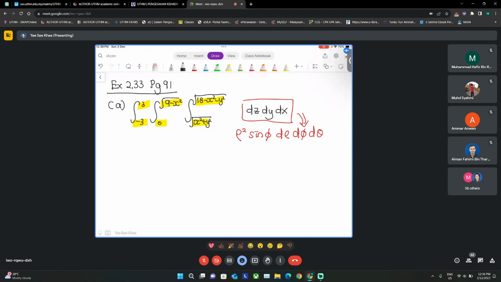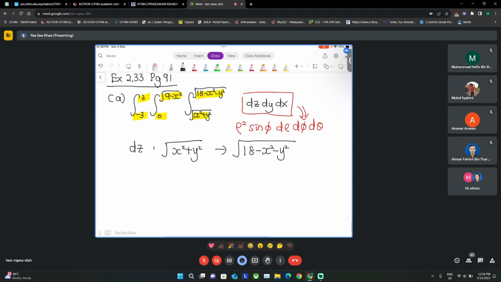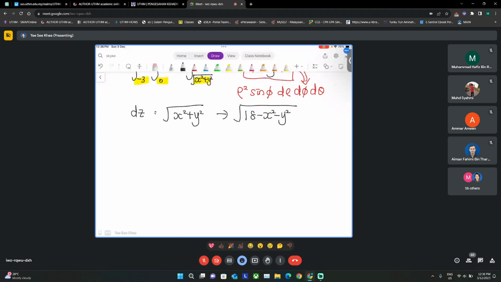The dz is telling you that it is from the square root of x squared plus y squared to the square root of 18 minus x squared minus y squared. These two actually represent two different solids, two different 3D graphs.